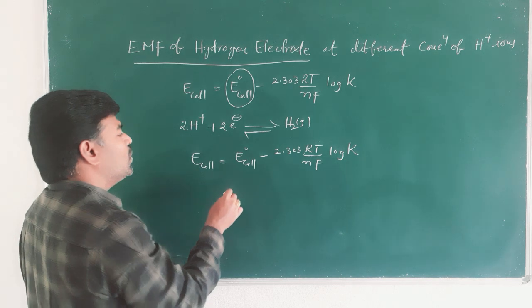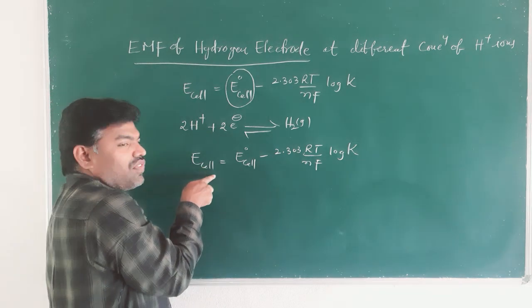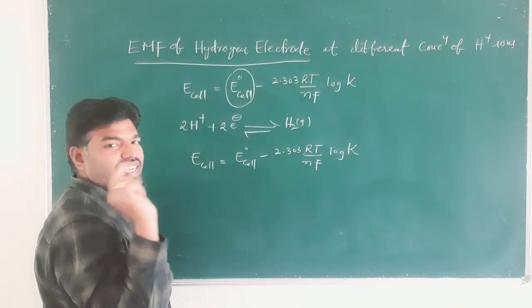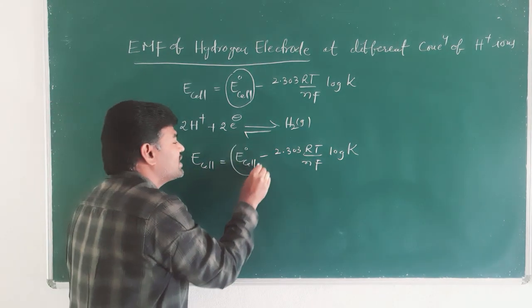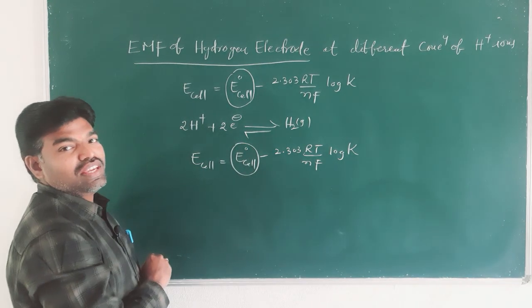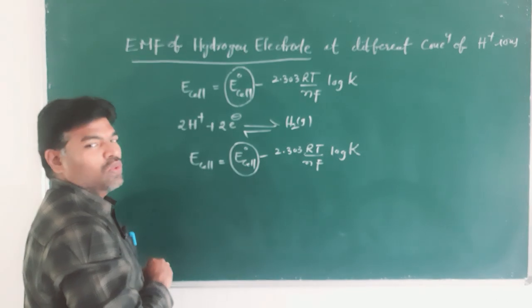This Nernst equation enables us to find the EMF of the hydrogen electrode by taking E naught cell as 0.